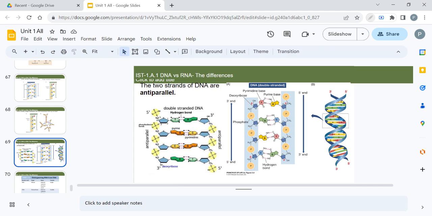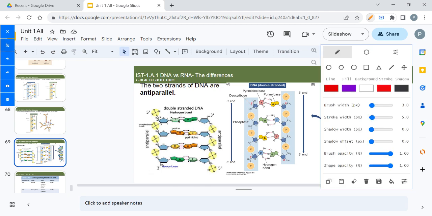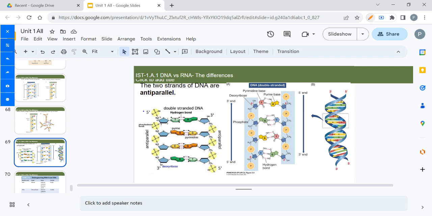DNA is going to be anti-parallel. I know I've already mentioned this before. Anti-parallel just refers to that you have 5' over here, 3' over here, and we are moving in this direction. We're going to have 5' over here, 3' over here, and it's going to move in that direction.